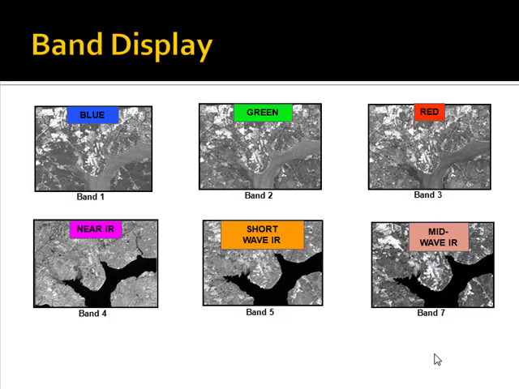As we move out beyond the visible portion of the electromagnetic spectrum into the near-infrared, band 4 in the lower left there, things change quite dramatically. Vegetation appears much brighter, water appears very dark. As we move further out along the electromagnetic spectrum into band 5, which is shortwave infrared, things change once again. Water is still dark, but also certain man-made features appear bright once again.